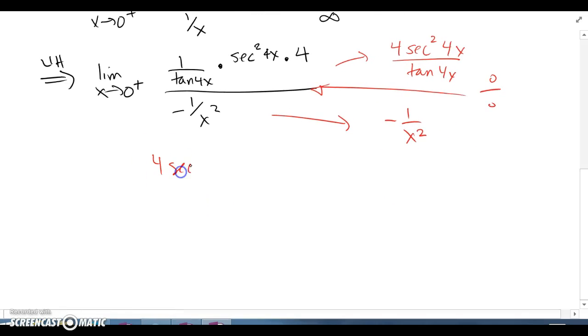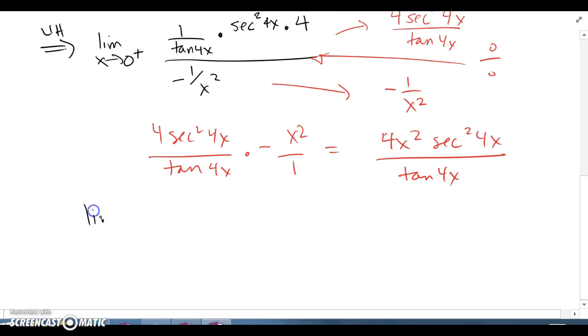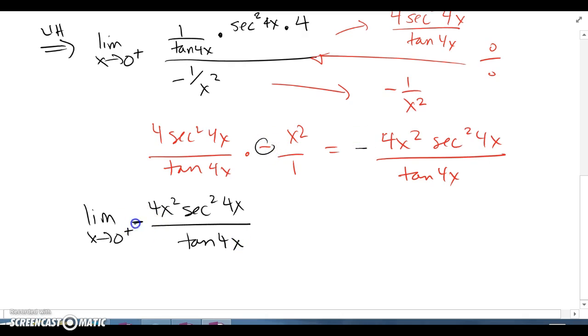So I have 4 secant squared 4x over tangent 4x times the reciprocal of the denominator, which gives me 4x squared on the outside, secant squared 4x upstairs, and downstairs tangent 4x. So at this point, I am looking at the limit as x approaches 0 from the right of this business over tan 4x, and I think I have forgotten a negative. So this is a negative and this is a negative.